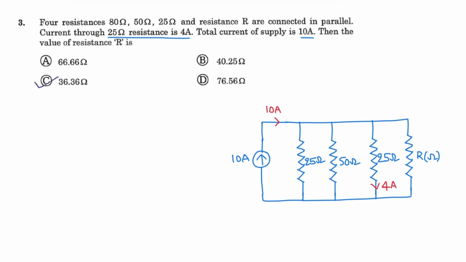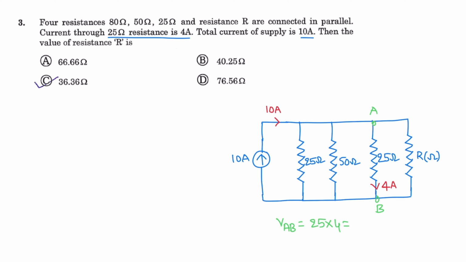From this circuit diagram, the current flowing through the 25 ohm resistor is 4 amperes. So the voltage across terminals A and B, VAB, is resistance into current, that is 100 volts.